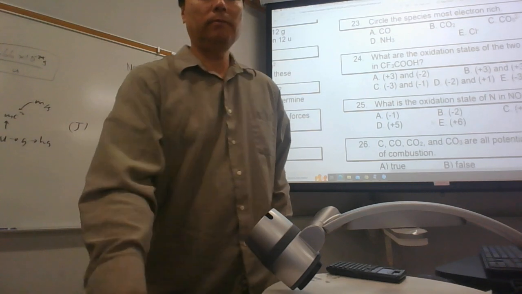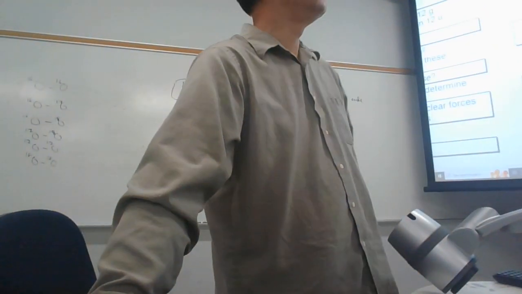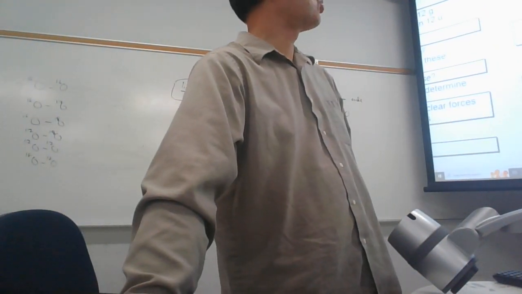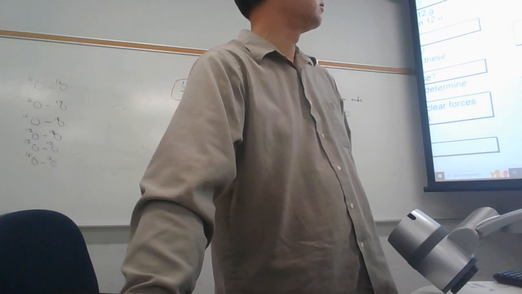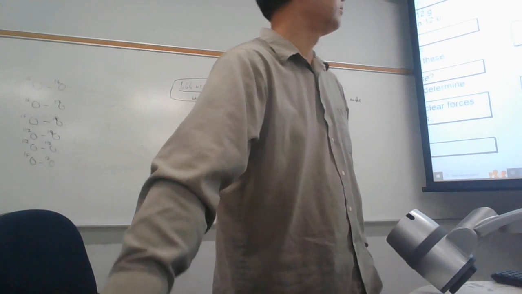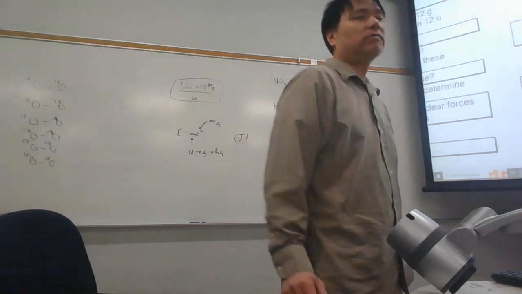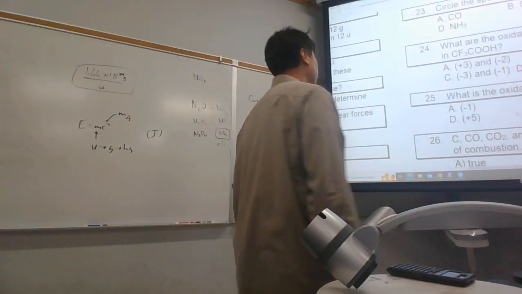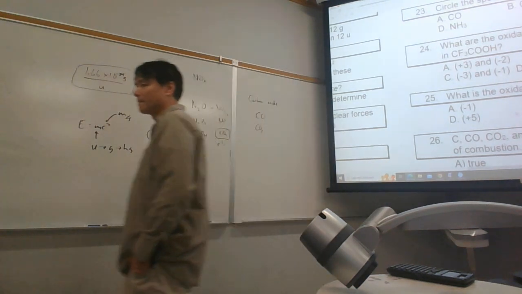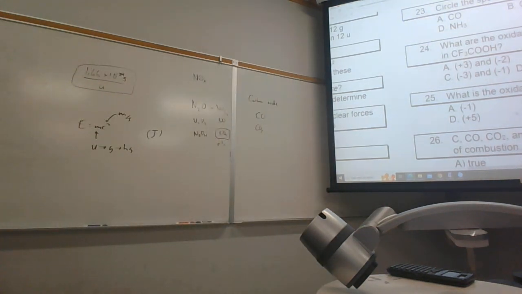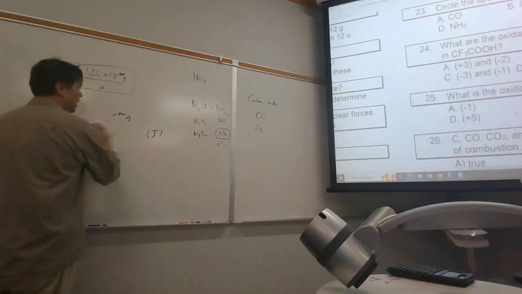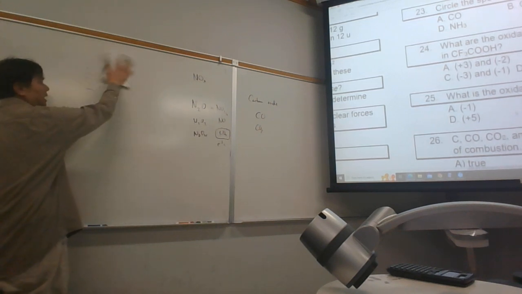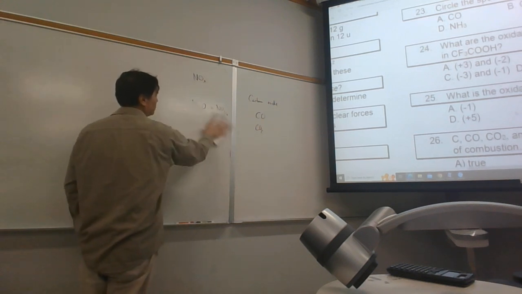What are the oxidation states? This is called trifluoroacetic acid. You don't have to know the name. Trifluoroacetic acid is a strong acid. What makes it a strong acid compared to acetic acid, which is a weak acid? There are different ways of looking at it.